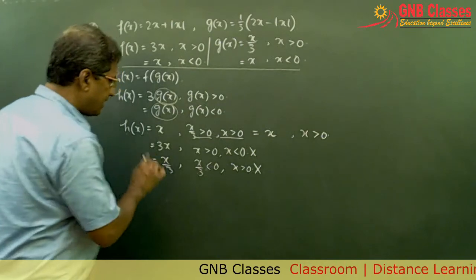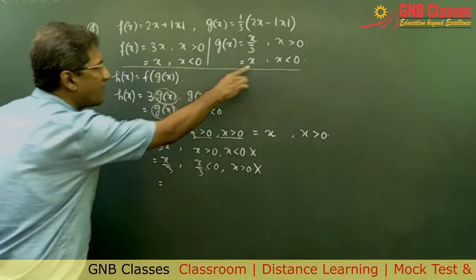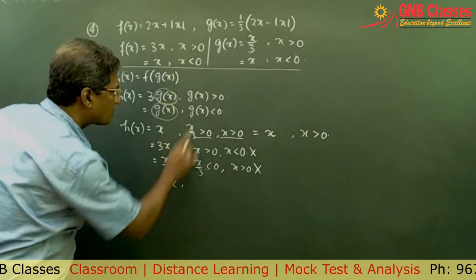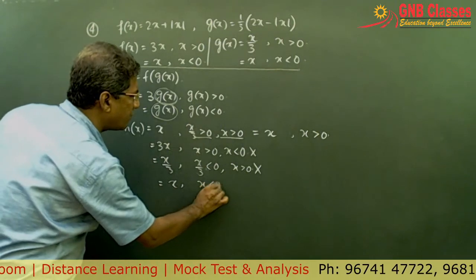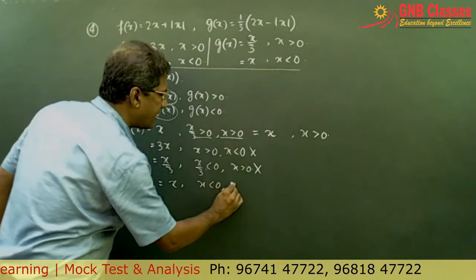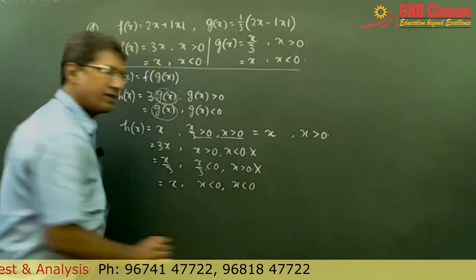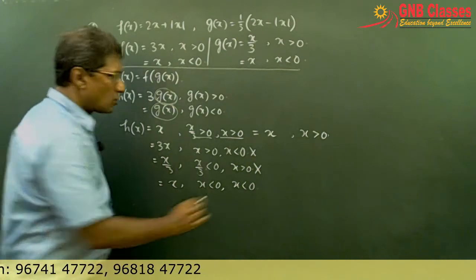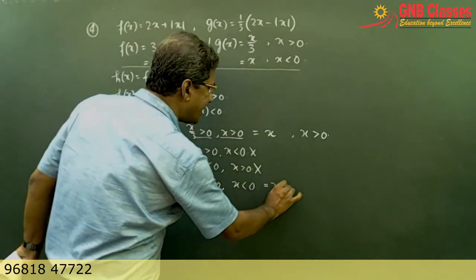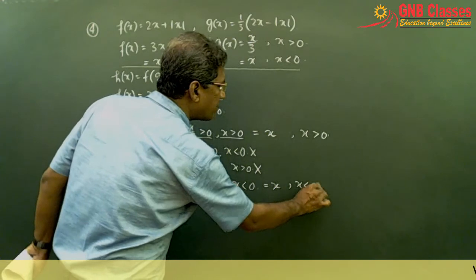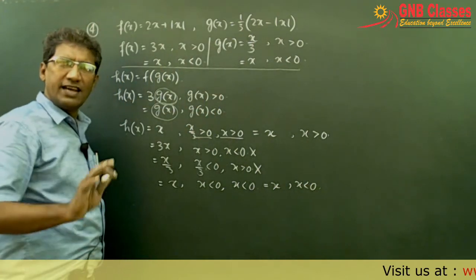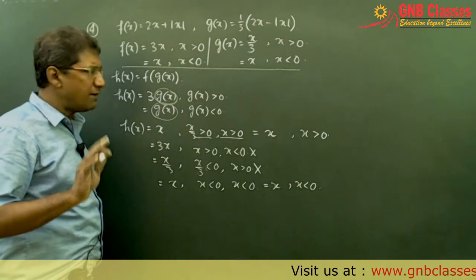Is it clear? Next, in place of this g(x), I am putting x. So we are getting x is less than 0 and it is coming from here. Again, it is x is less than 0. Is it clear? So if you simplify, we are going to get x again when x is less than 0. Is it clear to all of you or not? Absolutely.